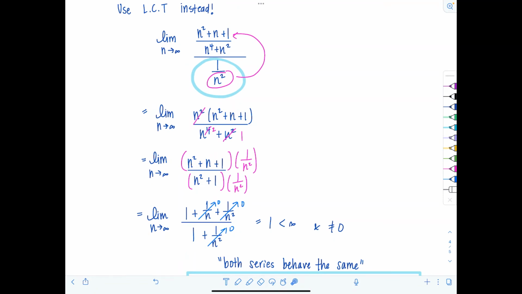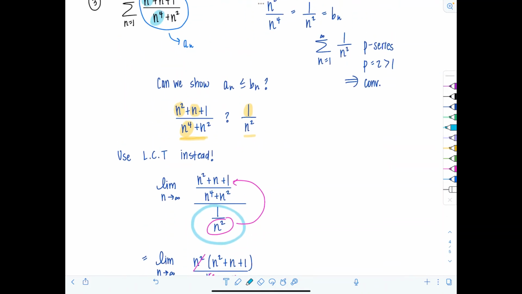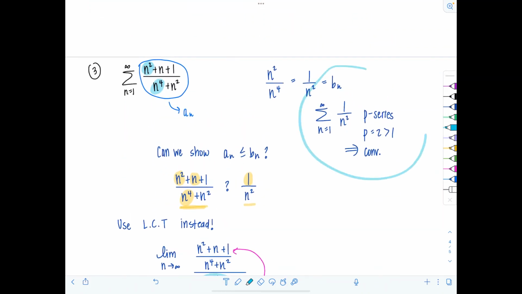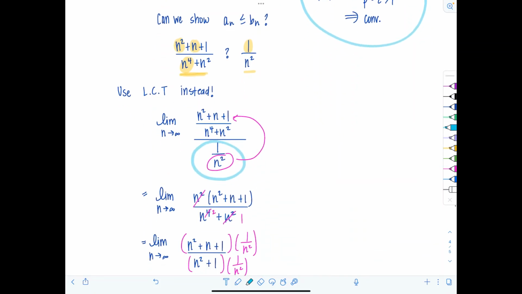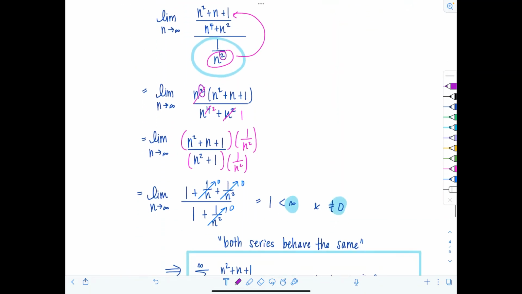So when you get infinity, it'll happen sometimes when you're first starting out, or if you get 0, usually what that means is you didn't pick the right Bn, usually, okay? So if you end up with 0 or infinity, then either Bn, like if I had picked 1 over n cubed, then I would have had n cubed up here, and then my limit would have come out to be infinity.